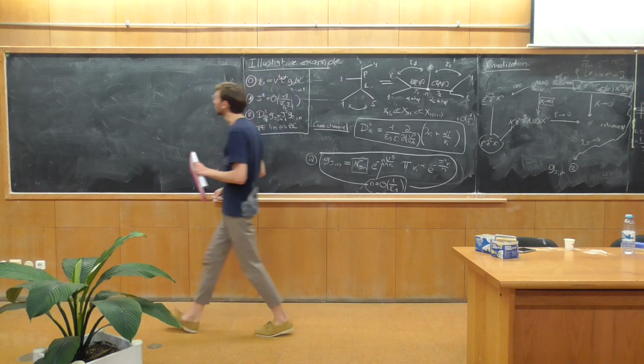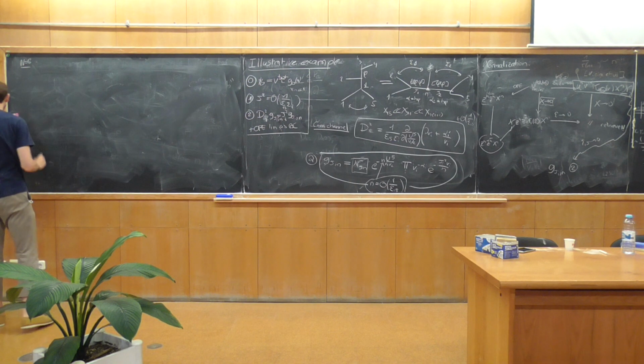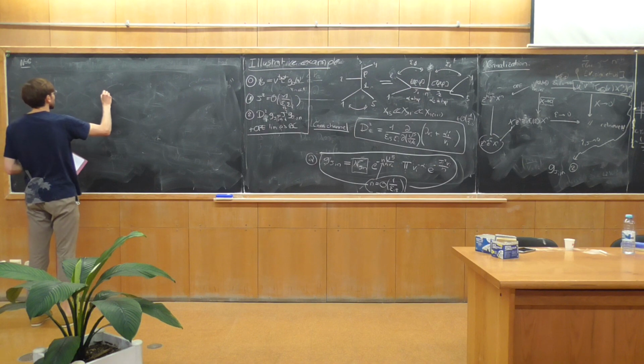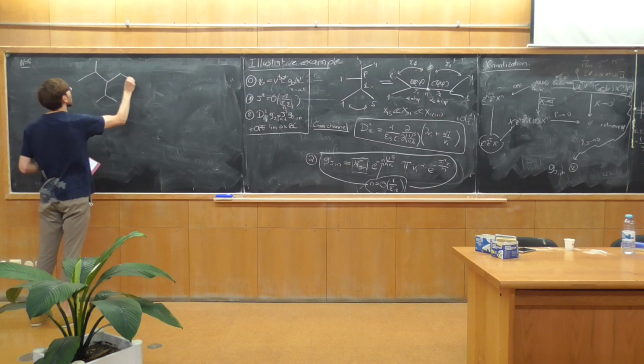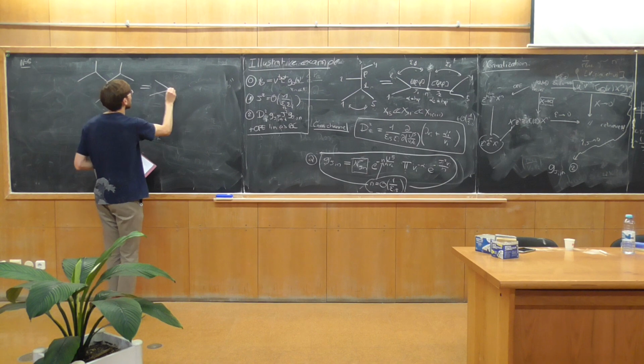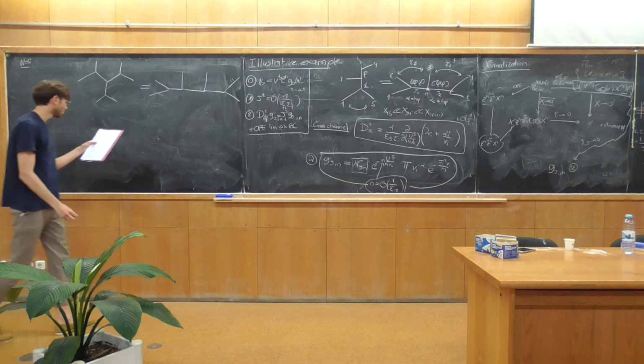Now let's be a bit more specific. N equals 6. Crossing. Like this.